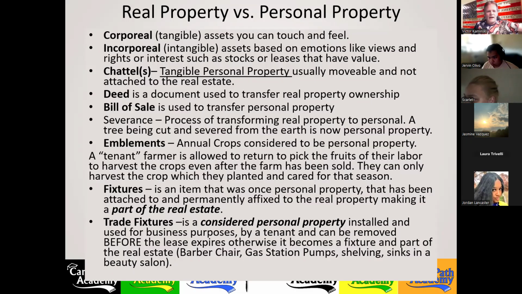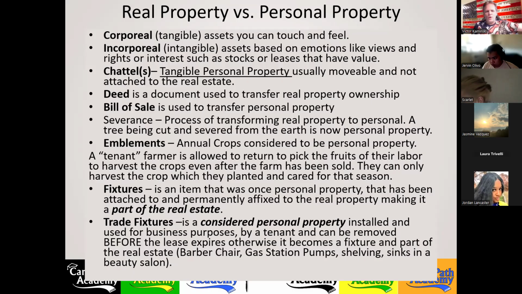Okay. Now, let's think about a farmland, though. A tenant farmer, one who is renting the farm and does not actually own the land, if the farm is sold, they're allowed to continue maintaining, working the farm until the crop is ready to be picked, and they pick the harvest and then sell it.